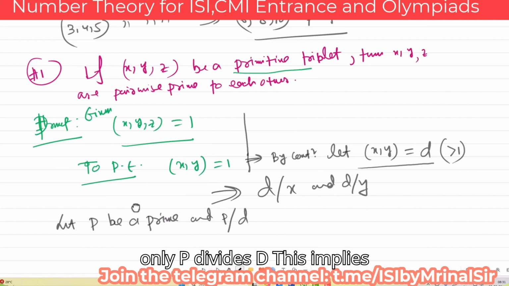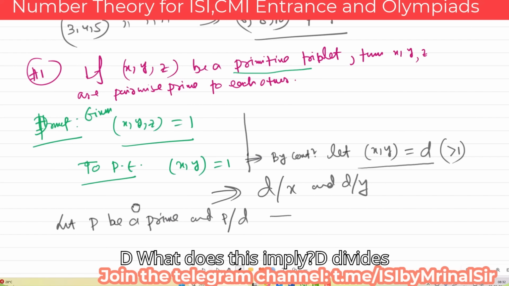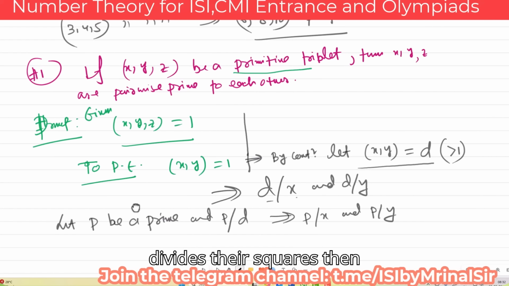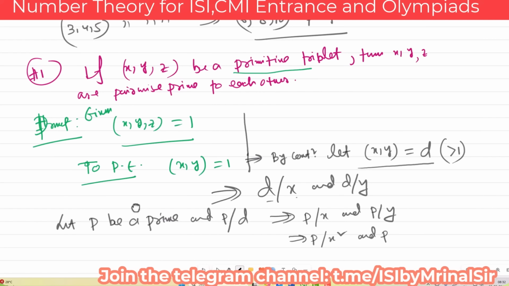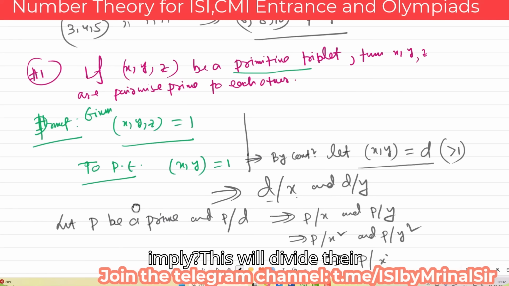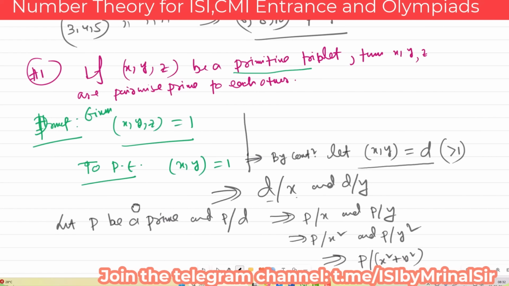So let P be a prime and P divides D. What does this imply? D divides x, D divides y. So P divides x and P divides y. Then P divides their squares, and it will divide their sum also: P divides x square plus y square.